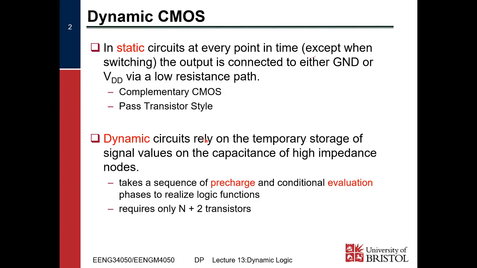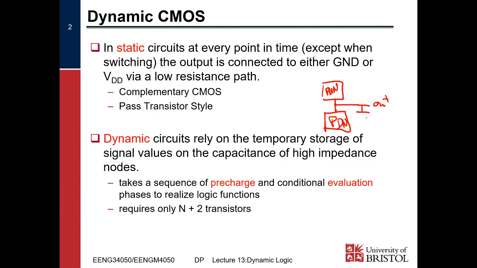Conversely, in dynamic circuits, we rely on temporarily storing the signal values on the intrinsic capacitances of high impedance nodes, right? So if you imagine your pull-up network and then your pull-down network with CMOS, they're connected to the output.